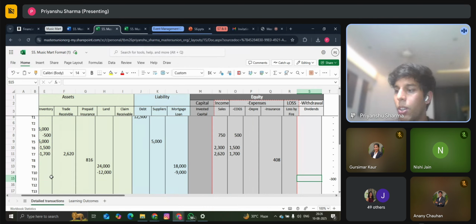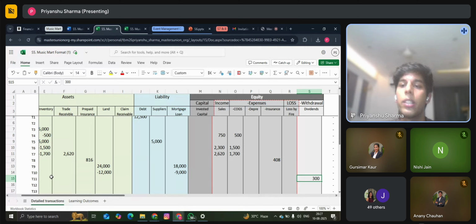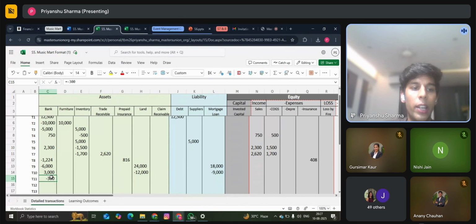So here we're going to note down another 300, was it? Yeah. So 300 will be recorded under dividend or withdrawal. Here we're treating both as the same. The business has seen a deduction of 300 because the founder has taken it home. Cool.